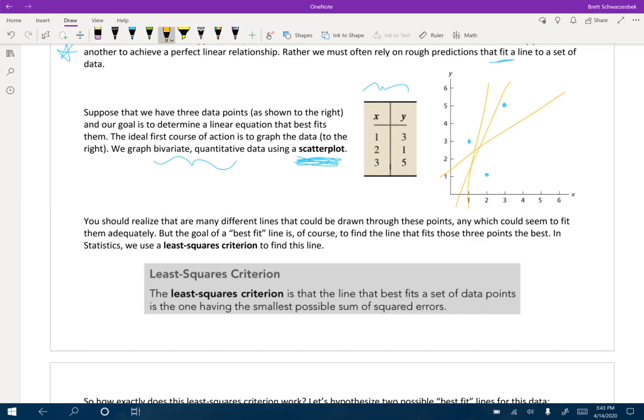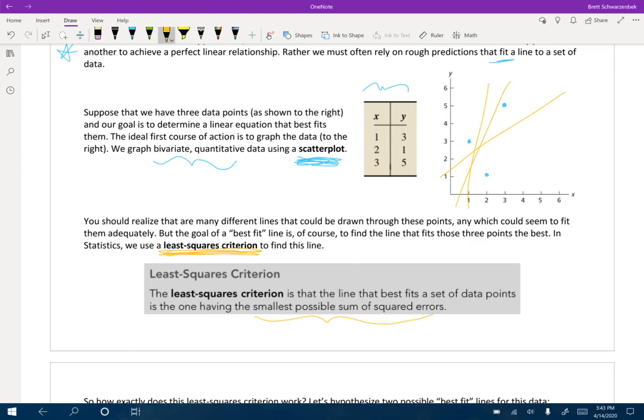Well, there's a statistical method for doing so called the least squares criterion. And it's basically defined as follows. This least squares criterion creates a line that best fits a set of data points, which will create the smallest possible sum of squared errors.